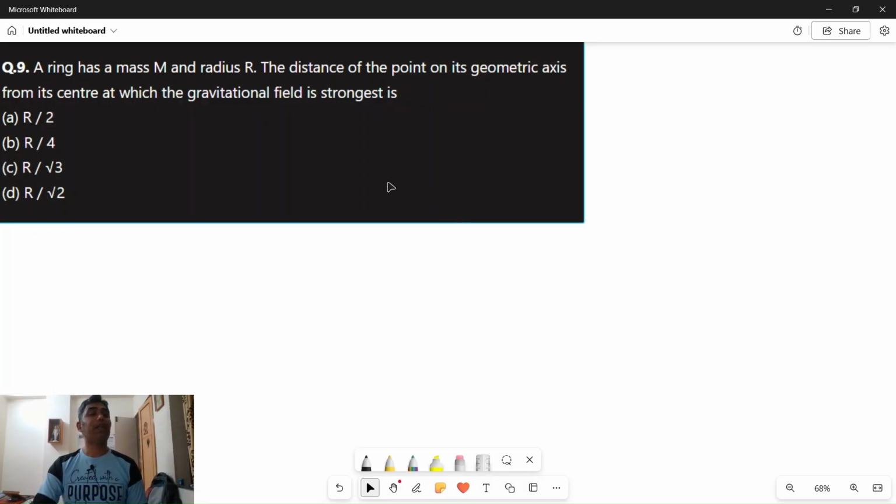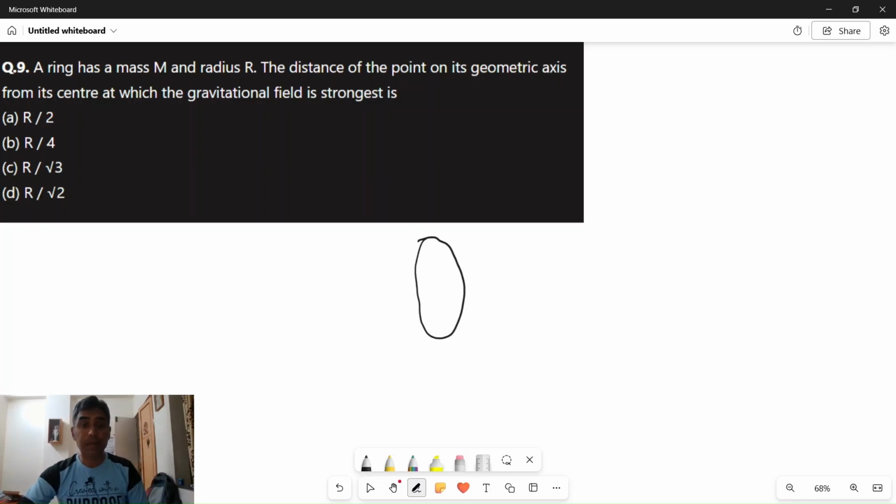Again, a question on gravitation. A ring has a mass m and radius capital R. Find the distance of the point on its geometric axis from the center at which the gravitational field is strongest. Okay, so here we have a ring of radius R, something like this.